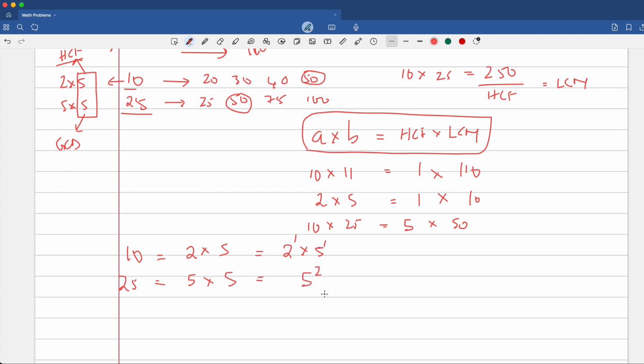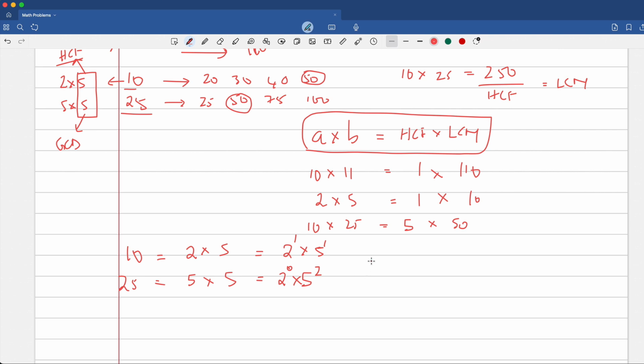Now, in order to find the LCM, you need to find the maximum power of each prime. So even 25 can be written as 2 to the power 0 times 5 squared, 2 to the power 0 being 1. So the LCM is going to have every single prime factor that's there in the numbers.